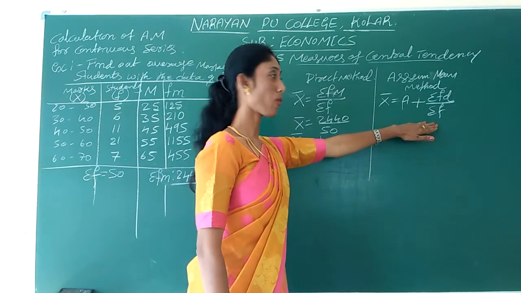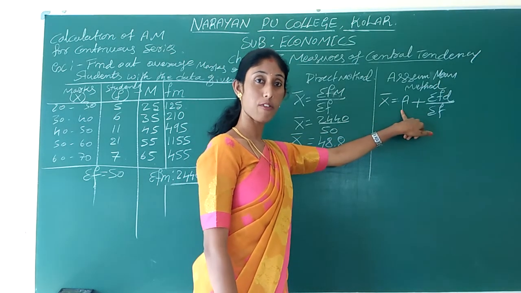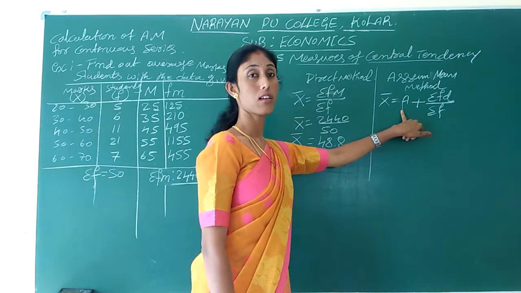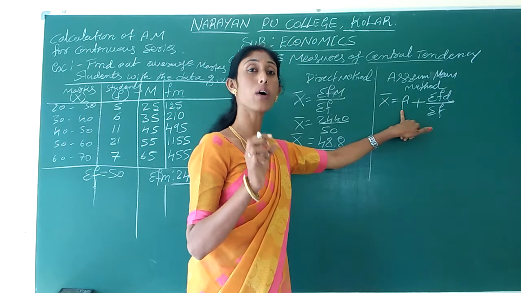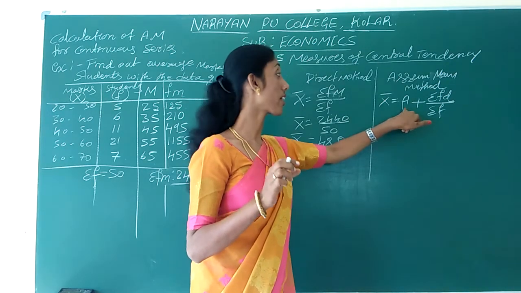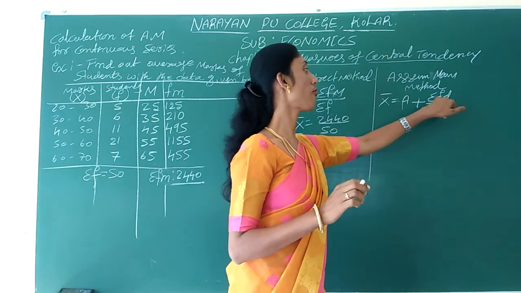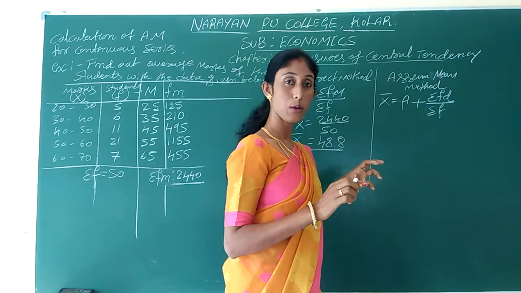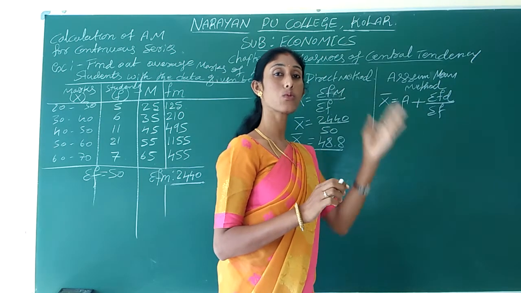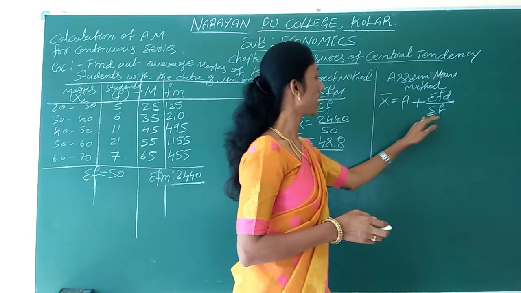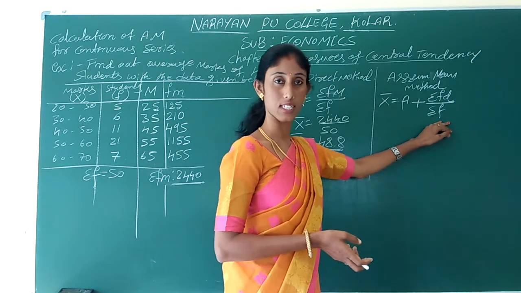Here, A means assumed mean. Before finding the arithmetic mean, in the midpoints we have to take any one value as the assumed mean. That is called A. Sigma fd means the sum of all the values we get by multiplying the frequencies with the deviations. And sigma f is the sum of all the frequencies.